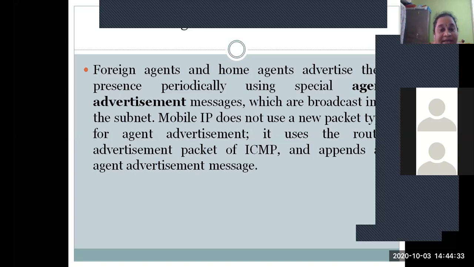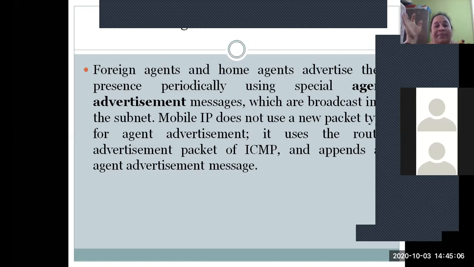So in order to get identified in the foreign networks, we have to find the agents over there. Instead of mobiles waving for the agents, the agents themselves advertise, saying here we are to help you. That is, the agents broadcast certain messages into the subnet periodically to give the identification for the mobile host to find them.